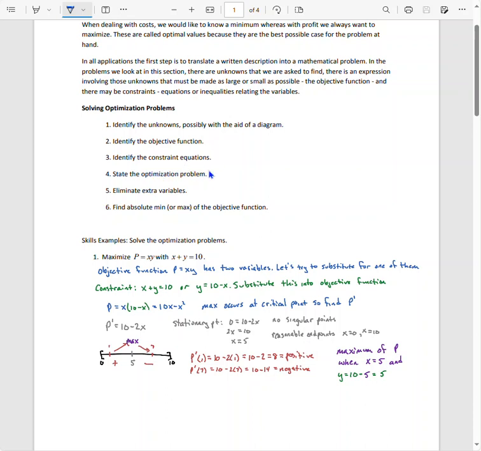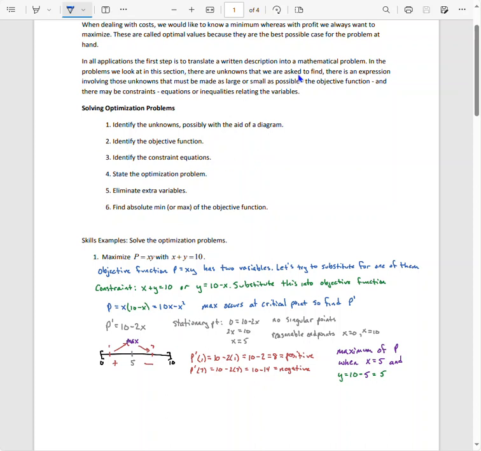These are equations that relate your variables or known equations, like for volume of a cube, that'll help us out. We got to state the optimization problem, reduce it down to just basics, eliminate any extra variables if we have them, and then we can use the derivative to find the absolute min or maximum of the specific objective function.